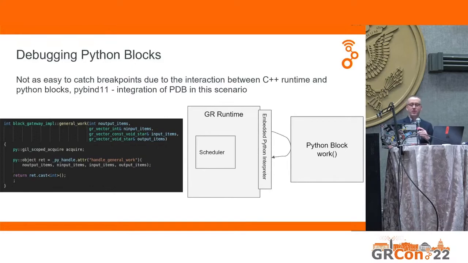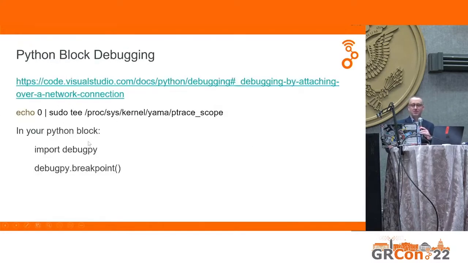And the way you get this to work is by using the debugpy package. In your block, you can import debugpy, and then you attach to it. So rather than launching the debugger, you run your flow graph, and then you attach to it.